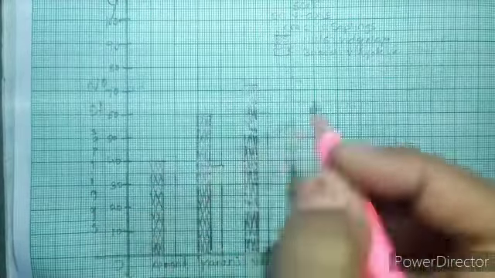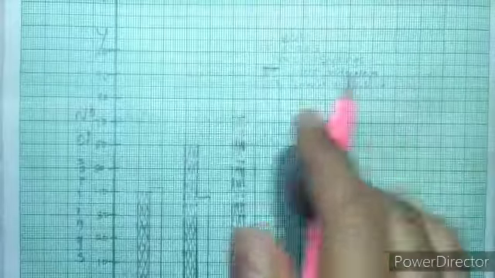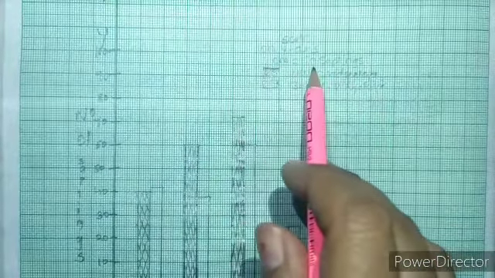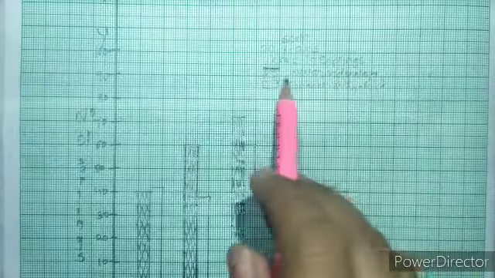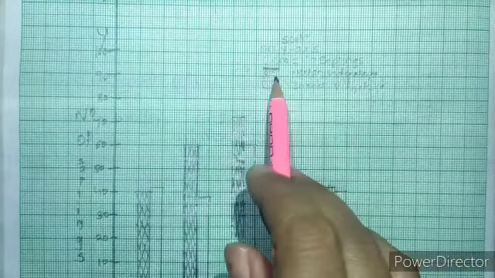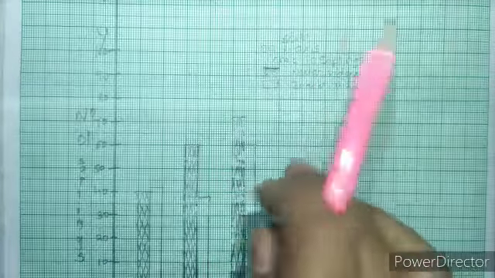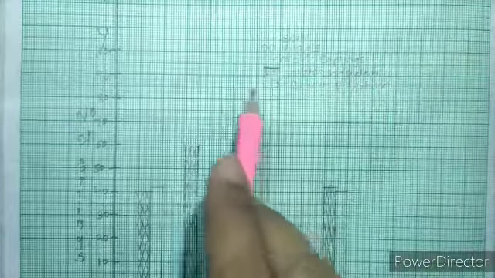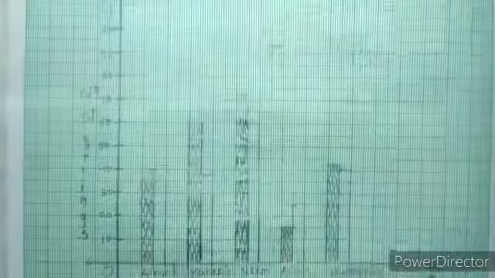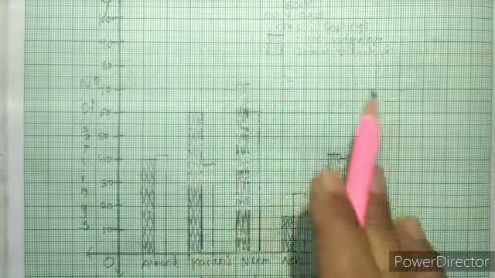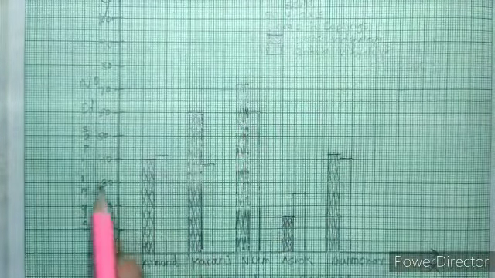And the scale we have taken: scale on the y-axis, 1 centimeter equals 10 saplings. Nutan Vidyalaya, for this we have given the shading, and Bharat Vidyalaya. So this is the compulsory part when you are drawing a graph: label the x-axis and y-axis clearly, scale, origin and the labels.